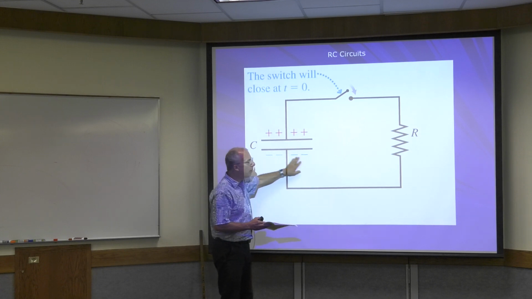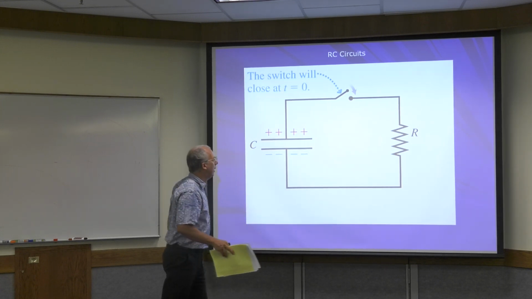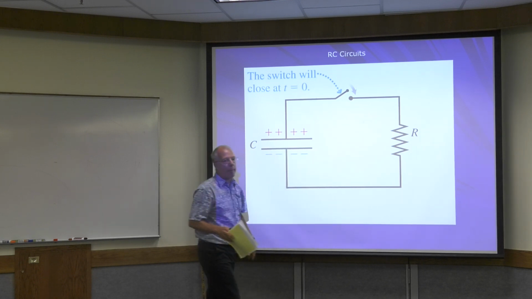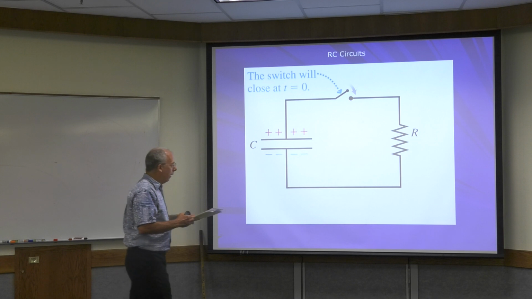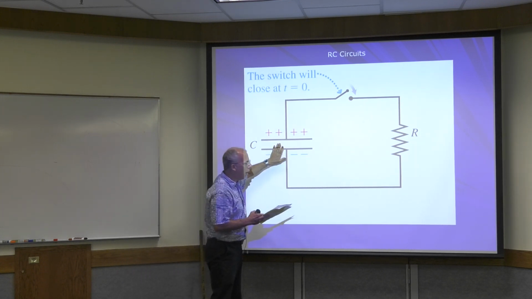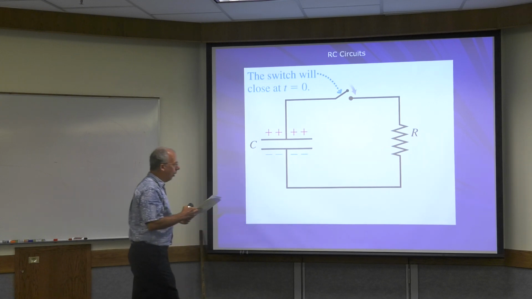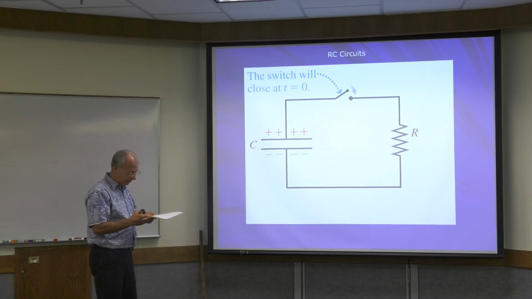No. Do these negatives want to be there? No. They're crammed together. They're repelling each other, right? So as soon as you close that switch, there's going to be a current. So another way to say that, the capacitor is discharging. Now, does that happen instantaneously? No, it takes a while.